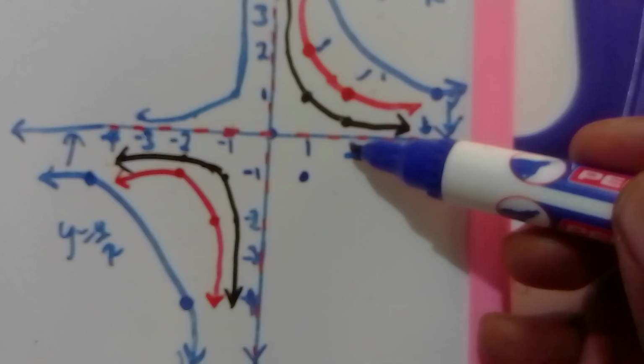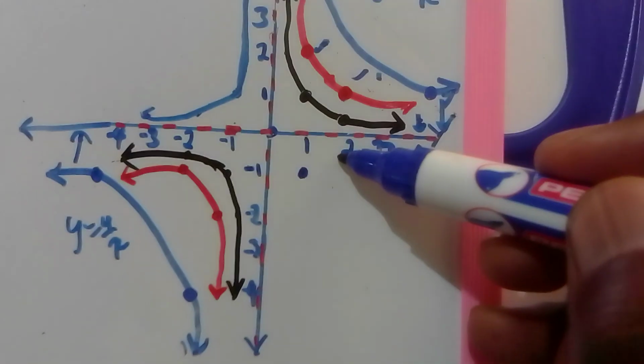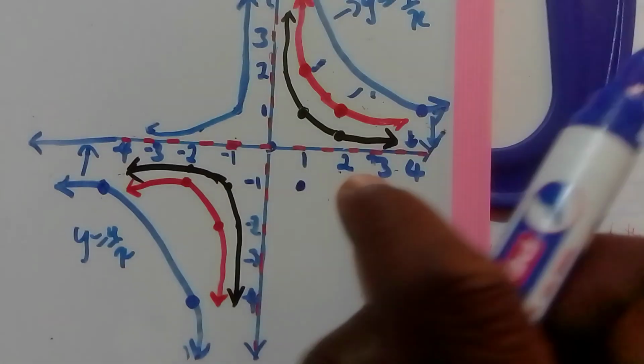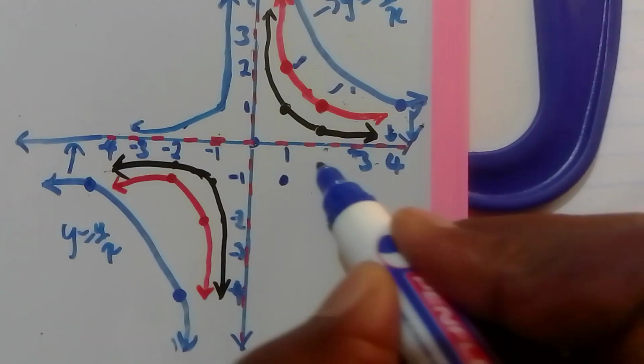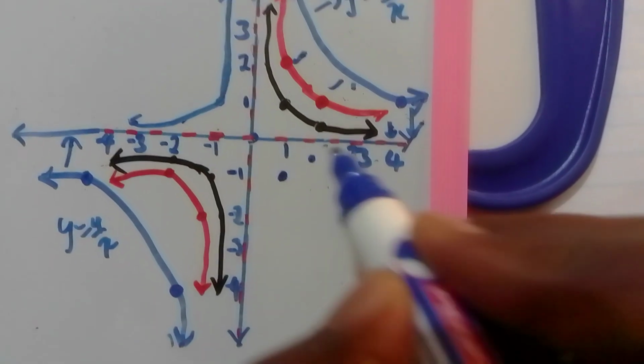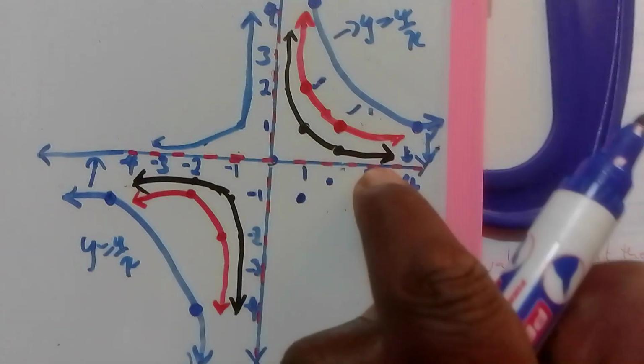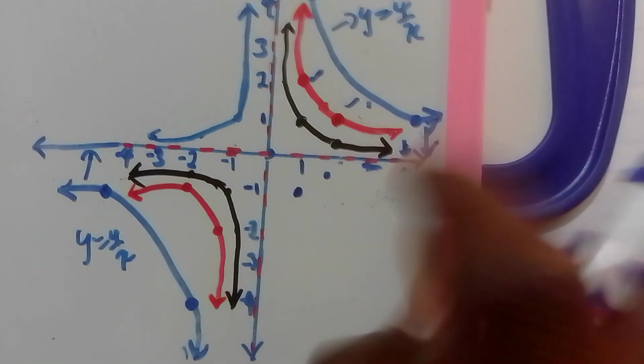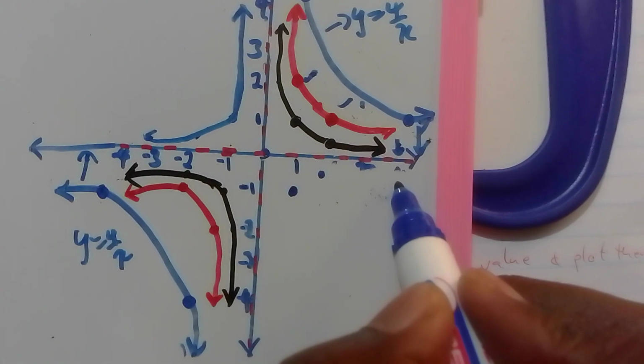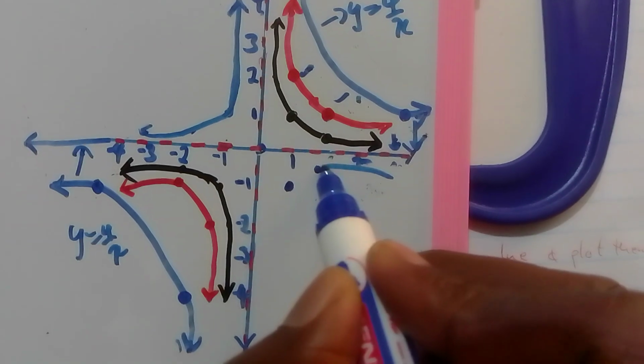So when we're having a positive 2 here, our y is half. So let me just erase here and put a half here. In other words, I'm just going to erase this so that I can draw the graph, the arc, or the branches rather.